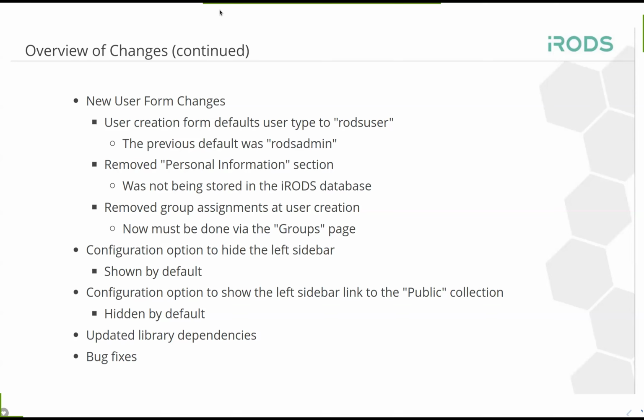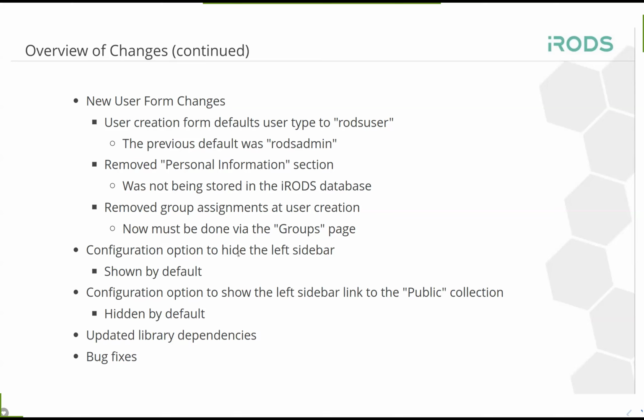We also removed the personal information section within that new user form, because all of that was information that was stored in the Metalnx database. Finally, we removed group assignments at user creation time, so it's not in the new user form anymore. If you want to assign that user to groups, you'll need to create the user and then go to the groups page and assign the groups to that user.